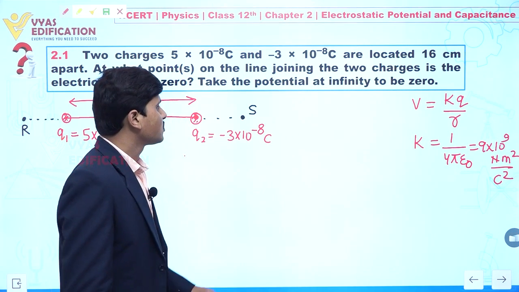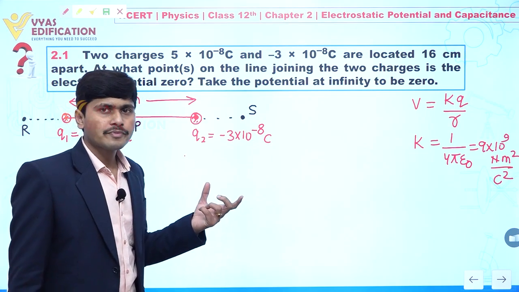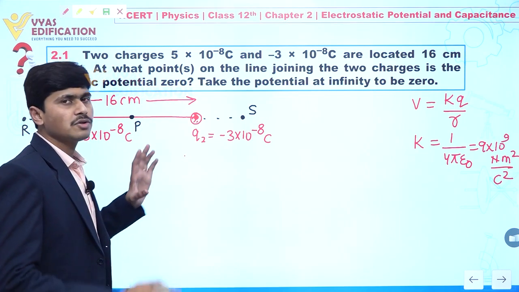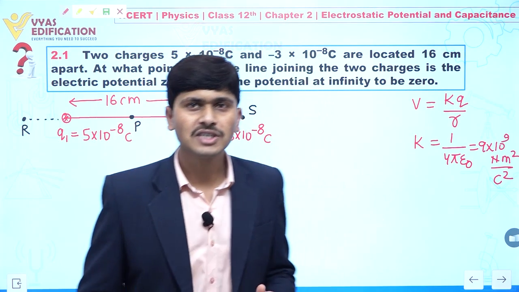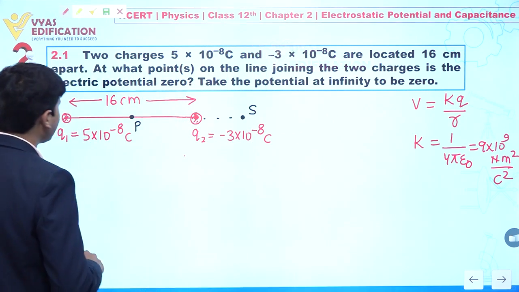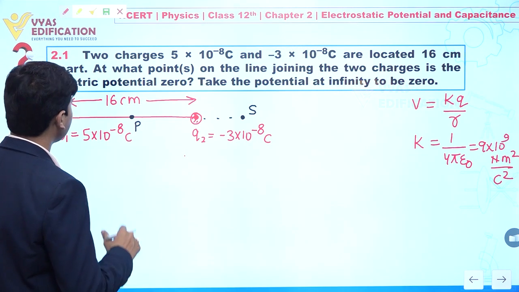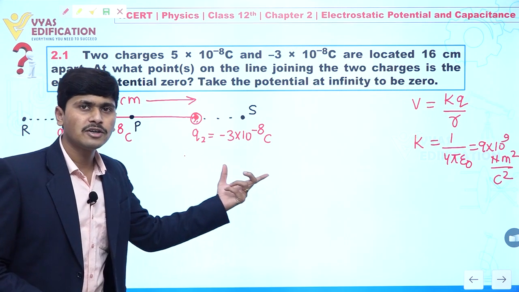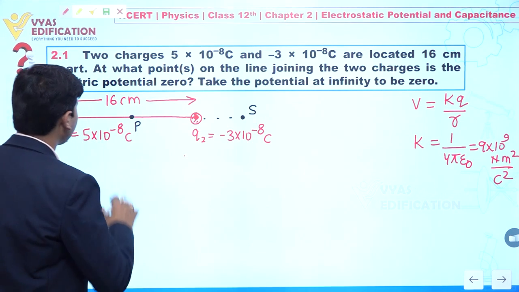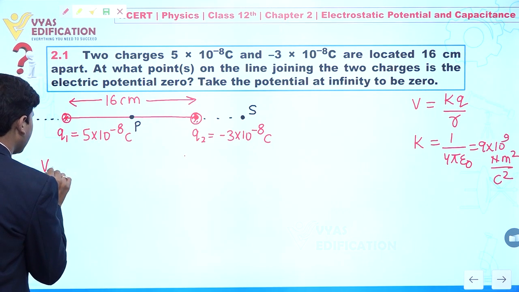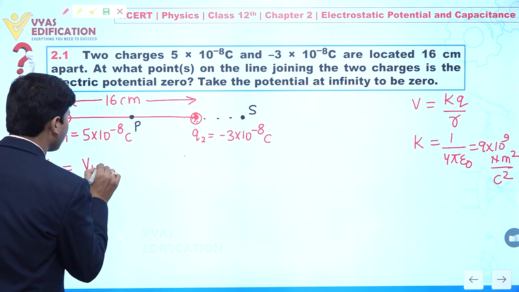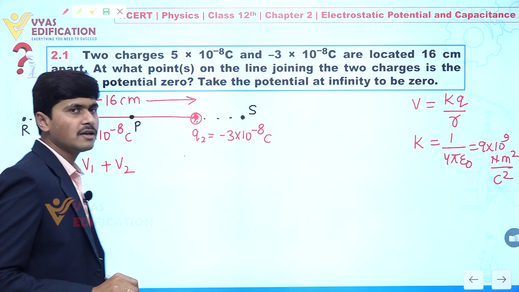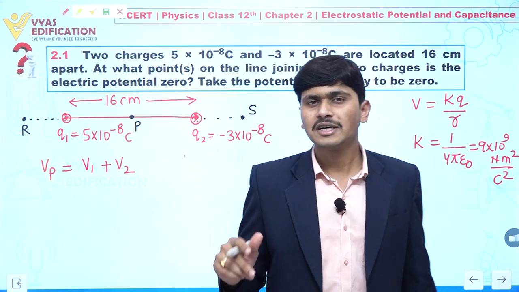Clear to everyone? Now our first objective is to find the position where the electric potential is 0. We can write the electric potential due to this positive charge and due to this negative charge. If we concentrate on point P, the potential at point P will be V1 plus V2. We will find the potential due to both the charges.